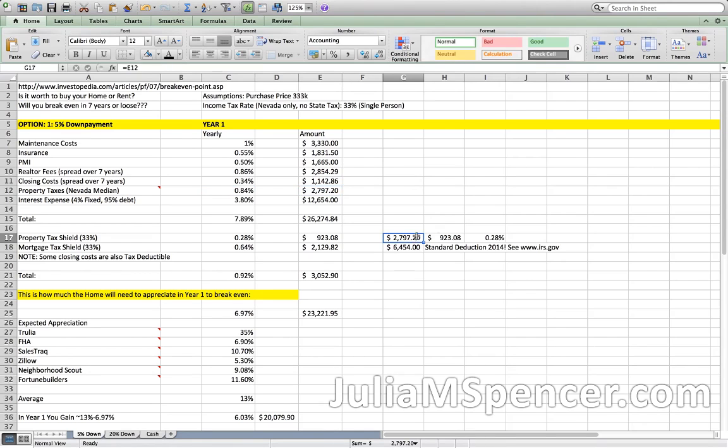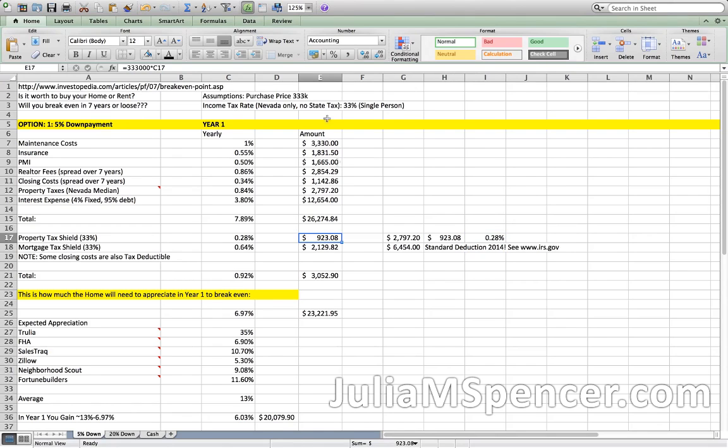This tax dollar amount translates to this kind of savings at the 33% tax rate that you have. If we calculate that out over the 333K, that would be 0.28 per year, which is basically your tax savings. So this is the dollar amount that you will basically get back.